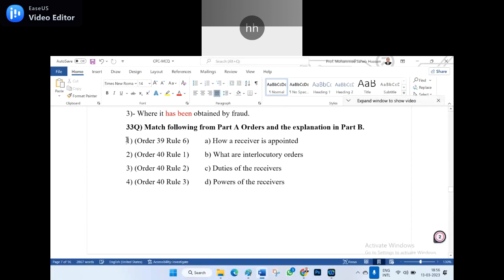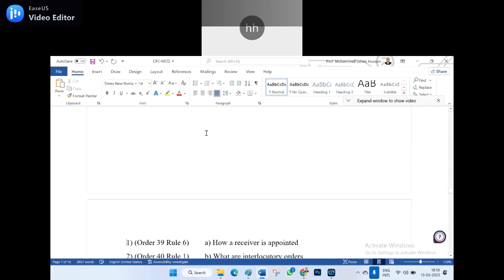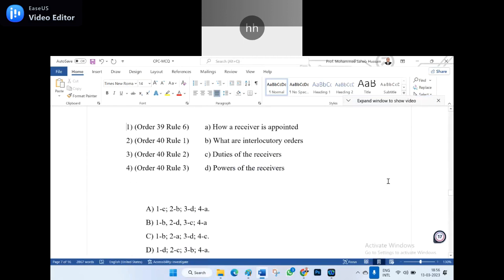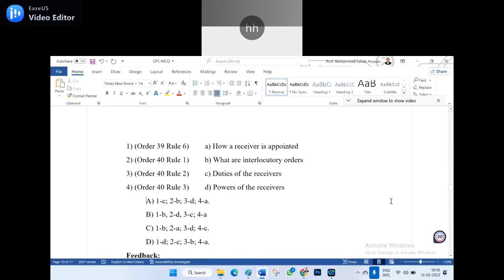Can I drag it down so that you could see both of them? Yes, now you could see both of them. Shoot now. Even though it is wrong, no matter.